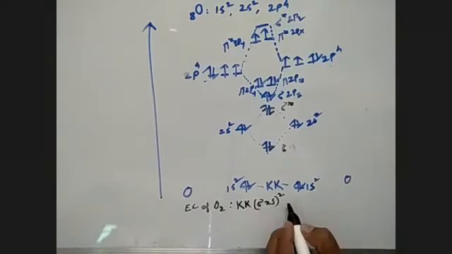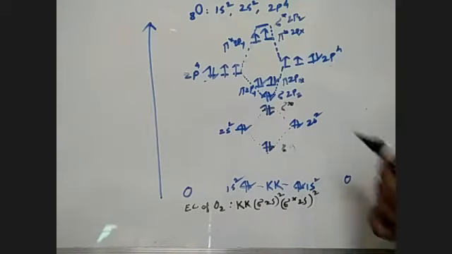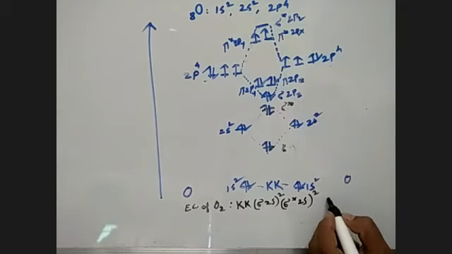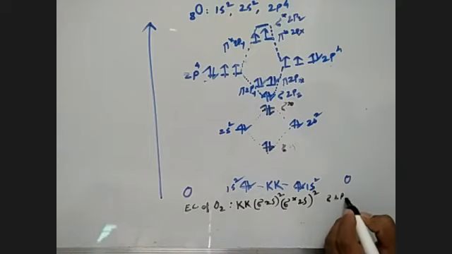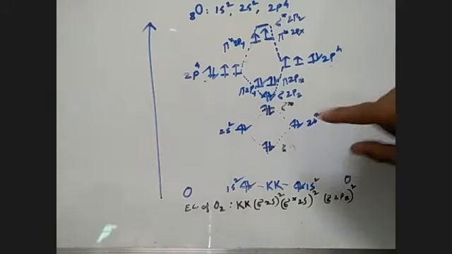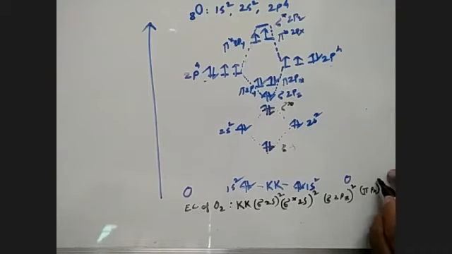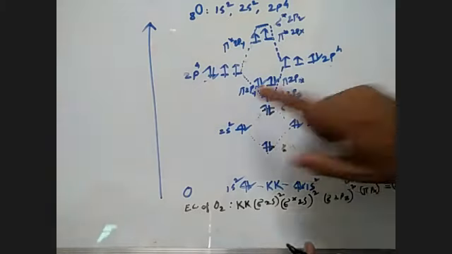Then sigma star 2s, 2 electrons. Then sigma 2pz, 2 electrons. Then pi 2px2 equal to pi 2py2.